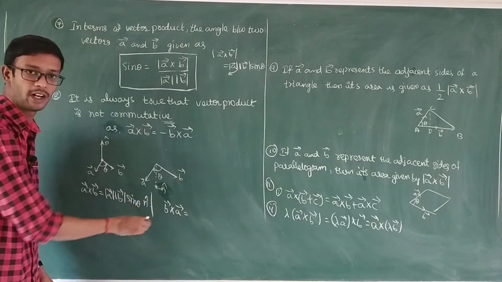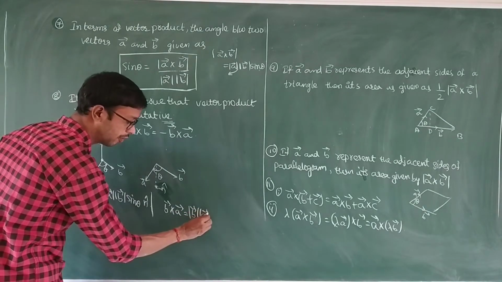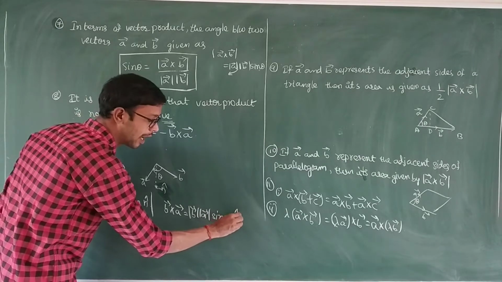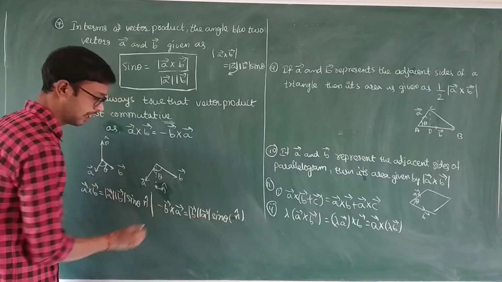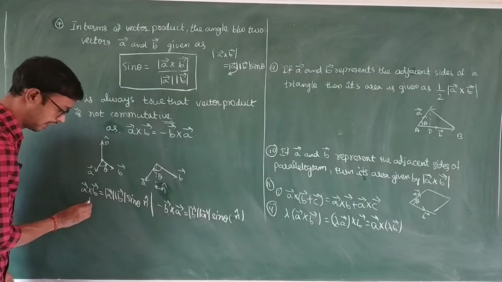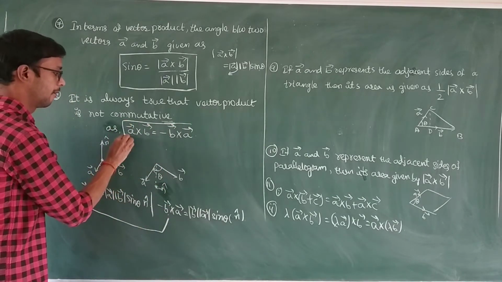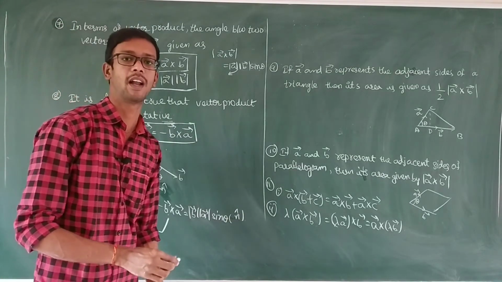This one is upside, this one downside. Here magnitude of B bar, magnitude of A bar into sin theta into minus n cap. This minus I am writing here, so both magnitudes are the same. So we can conclude A bar cross B bar is equal to minus B bar cross A bar.